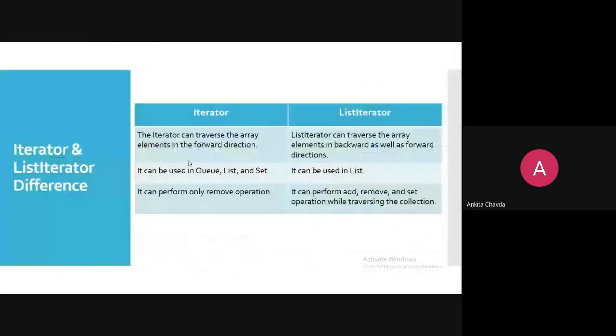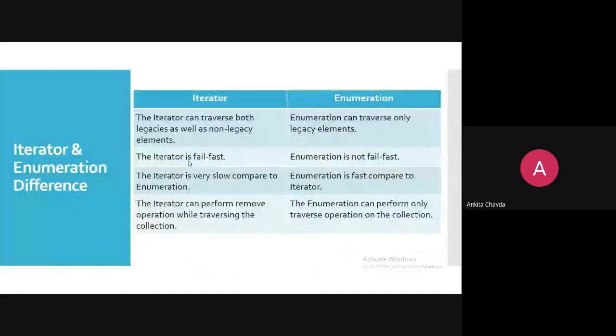Fine. Then what is the difference between enumeration and iterator? They both are interfaces only, but why are we using enumeration with the vector? Iterator can traverse both legacy as well as non-legacy elements.